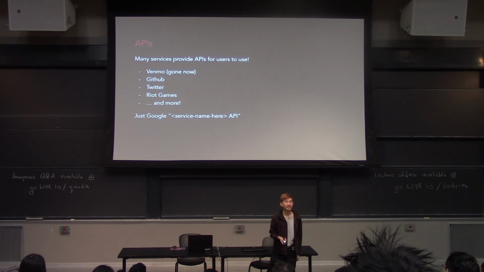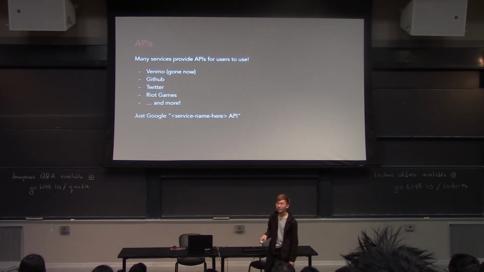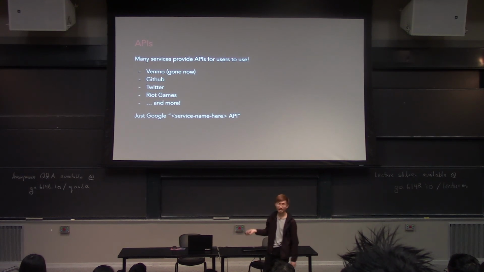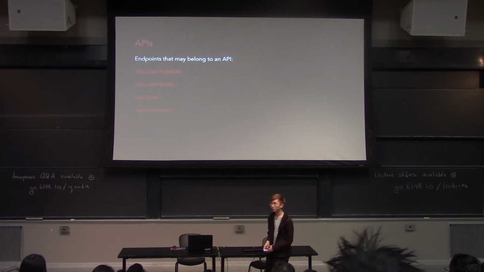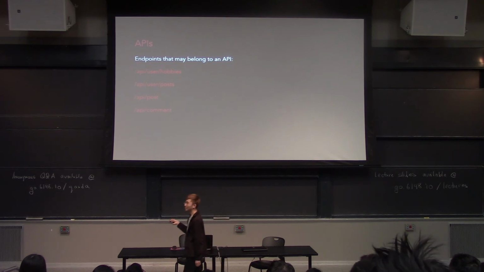It is really likely that when you're creating your website throughout the course of this month, you will end up using at least one API. And if there's a service that you're interested in using and you're not sure if an API for it exists, just Google it. Cool. So the endpoints for an API are often more structured. A lot of them actually contain the letters API in their name.